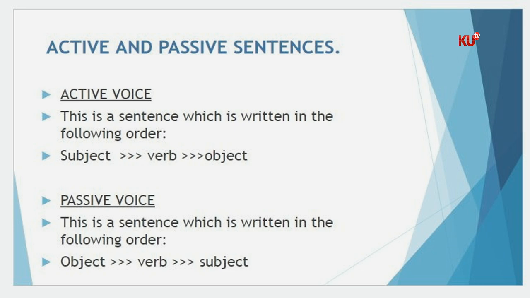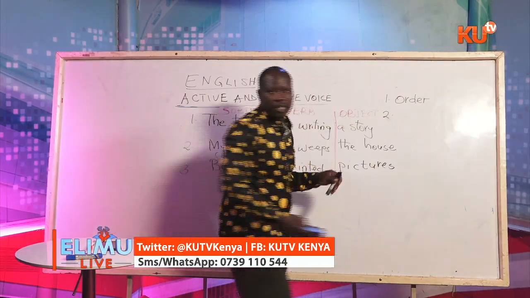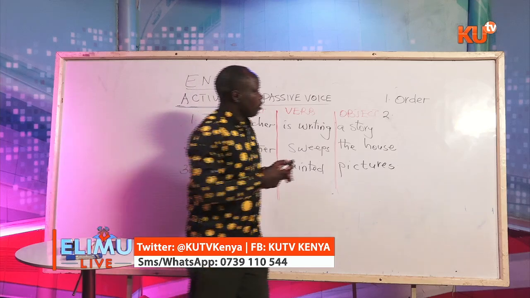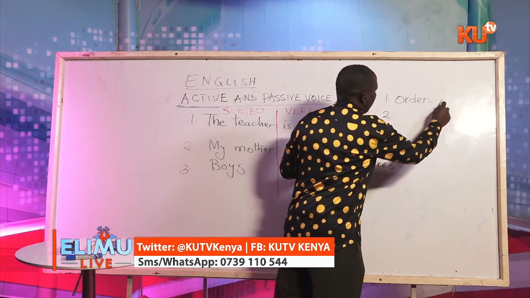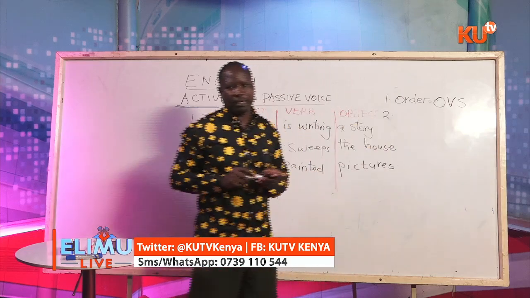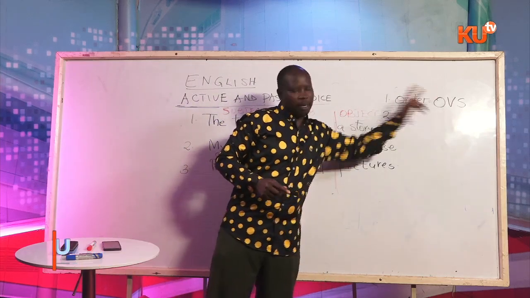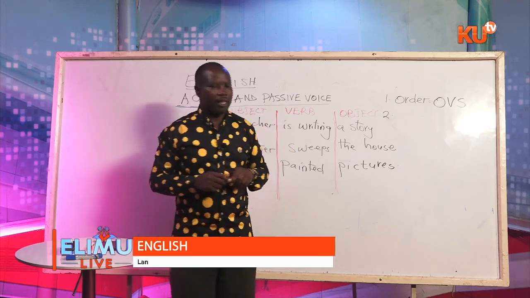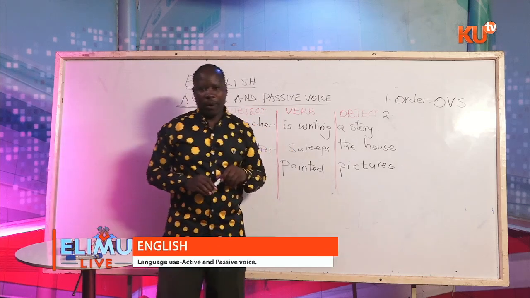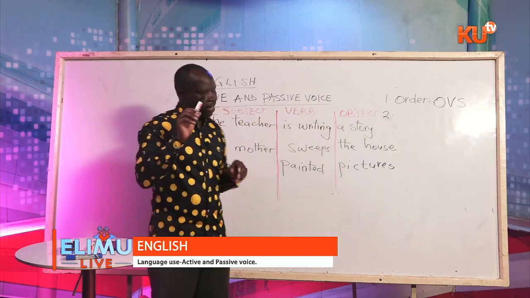So once you know the order, then we are good to go. We start with object, then verb, then subject. Object, then verb, then subject. That's the first rule.